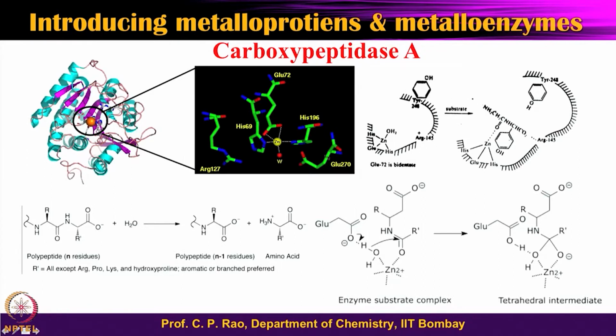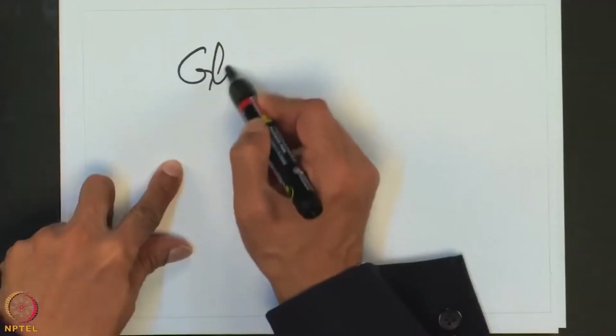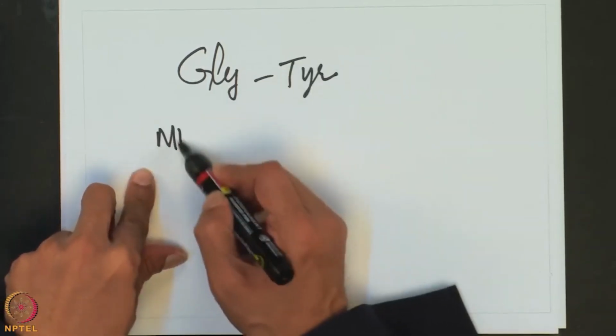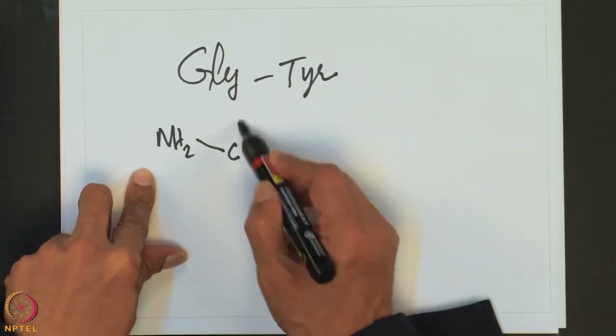Now, you can see in one of the cases, probably the carboxypeptidase, a glycyl tyrosine here. So, this is glycyl tyrosine. This is NH2, C alpha.